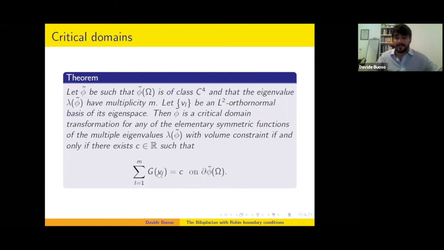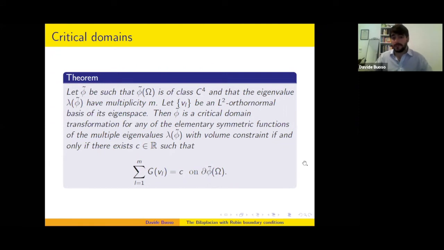So phi tilde of omega is critical if and only if this quantity here is constant on the boundary. This quantity is just that function g that I showed you 1 minute ago, computed on every eigenfunction of the basis, and then you sum. If this quantity is constant on the boundary, then you know that this domain is critical with respect to the volume constraint, so if you fix the volume.